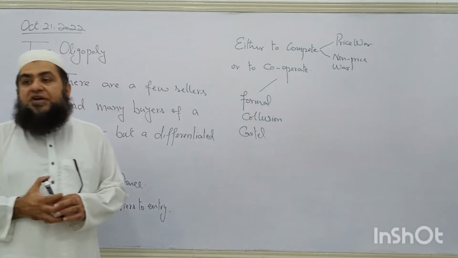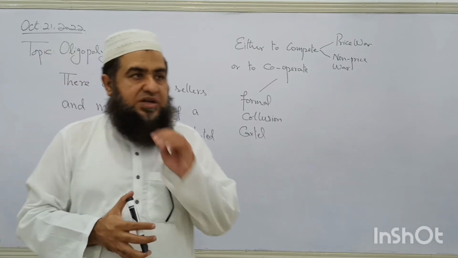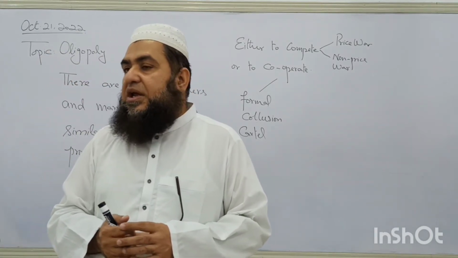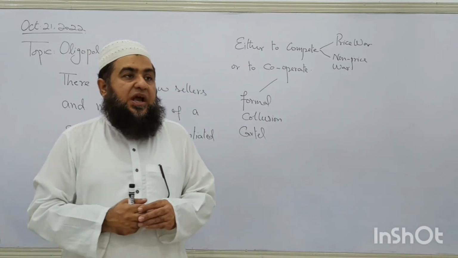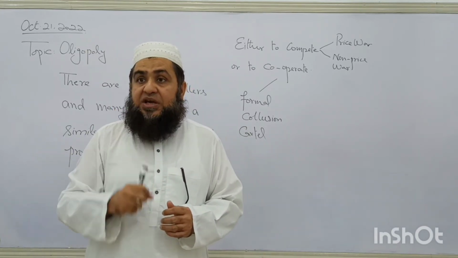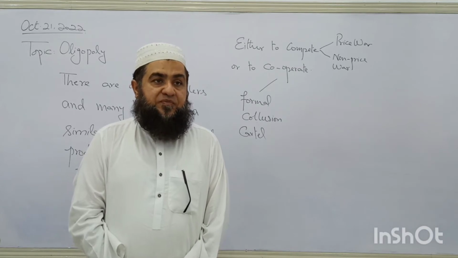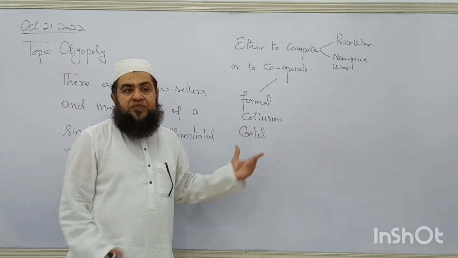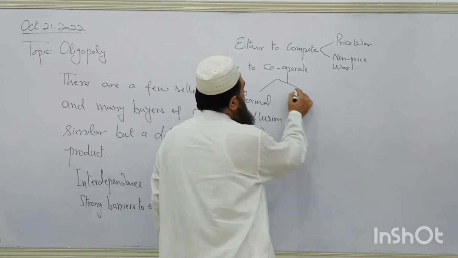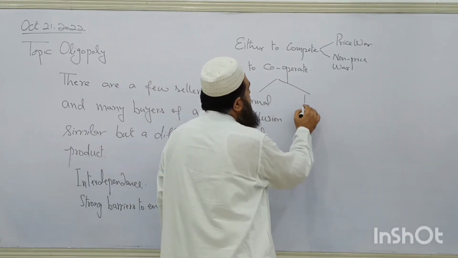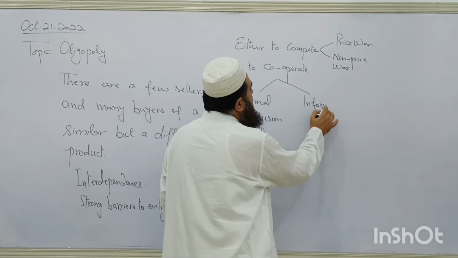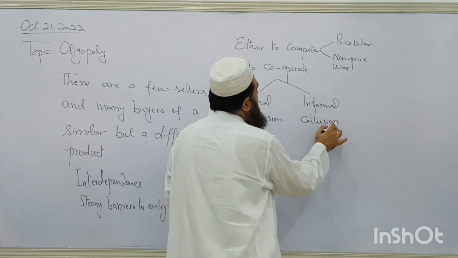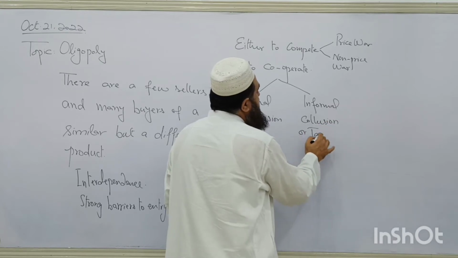Cartel means when firms join together horizontally, producing the same product in the market, and in that cartel they have a single price for the consumers. So this is a formal collusion, they are cooperating with each other. What is the other form of cooperation? That is informal collusion or tacit collusion.